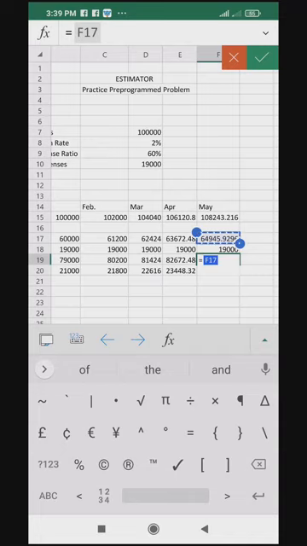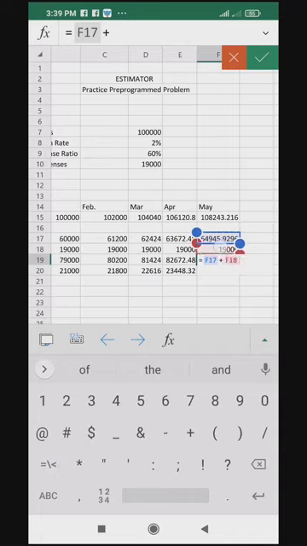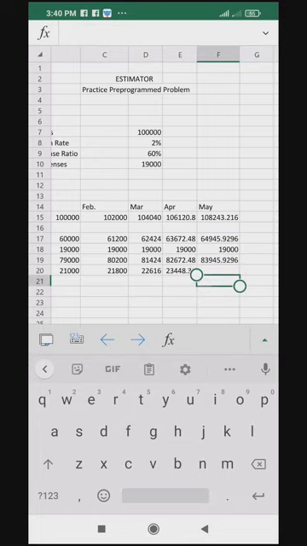So the total expenses for the month of May is equal to F17 plus F18, or the selling expenses plus the general expenses. So the answer is 83,945.9296.